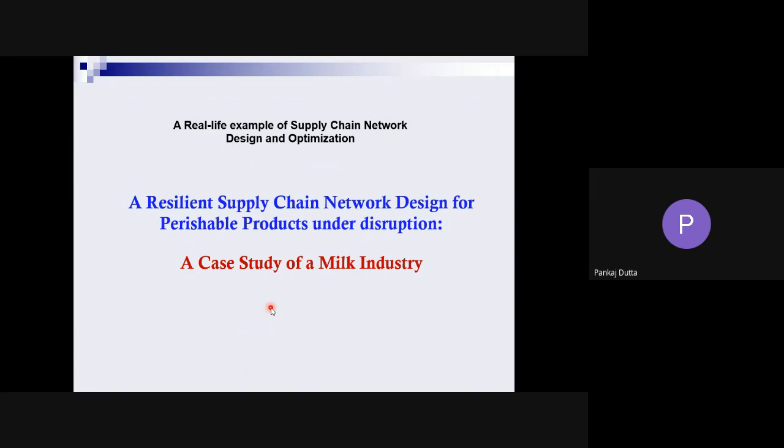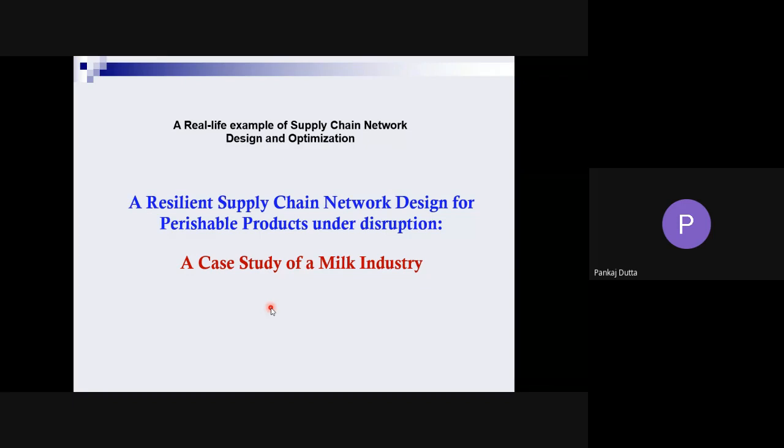Here I'll show you one milk distribution, where you have the raw material, like raw milk, the finished product as packet milk like Amul, and then the customer zone. If a disruption happens, say demand is disruptive, or routes are not that okay, there might be disruption in the route also. Cans or containers are a bit old, so a refrigeration issue is there. If all these things come into the picture, how can you optimize your distribution planning of the supply chain?